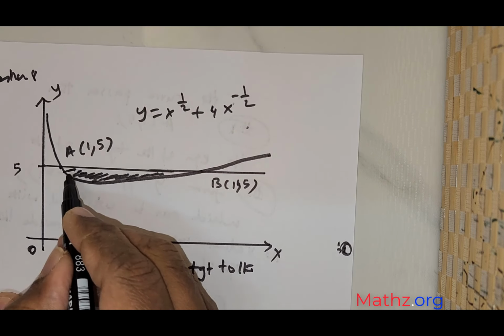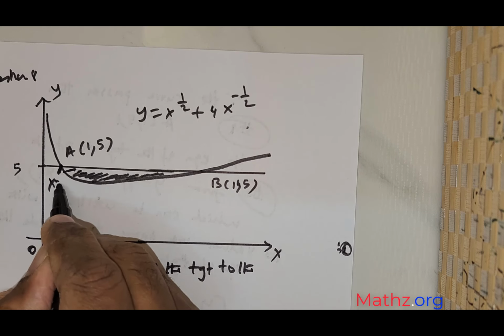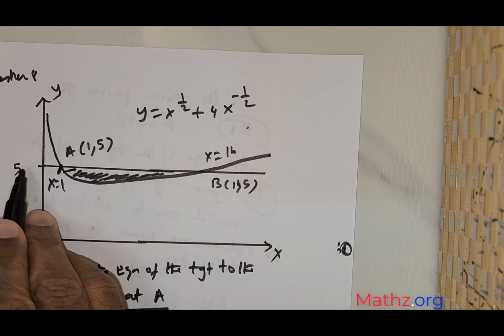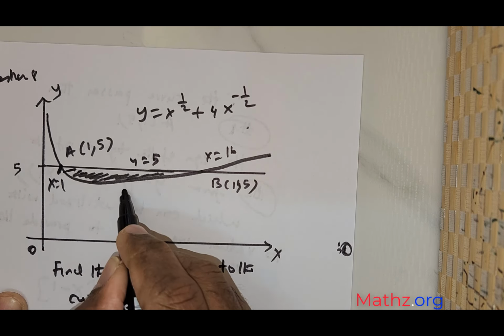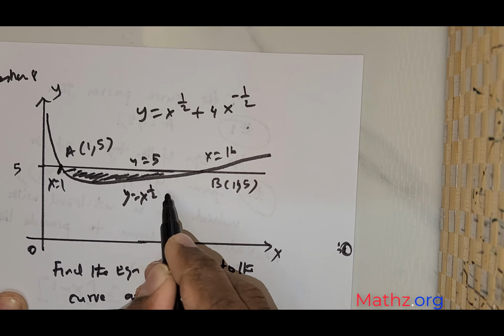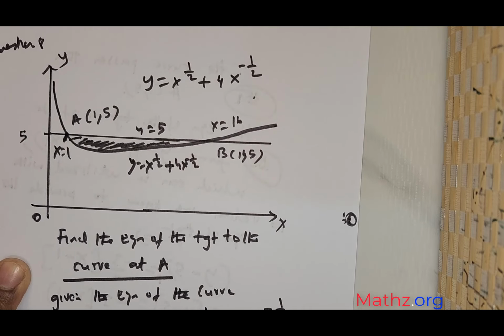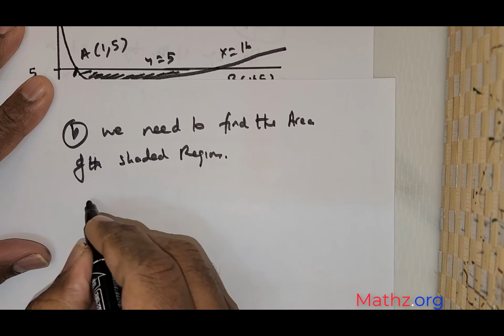Now if you observe this, over here the region is bounded by x is equal to 1 on the left and x is equal to 16 on the right, and above y is equal to 5 and below y is equal to x to the power of 1 over 2 positive 4 times x raised to the power of negative 1 over 2. Okay, so therefore I'm going to utilize this, the required area.